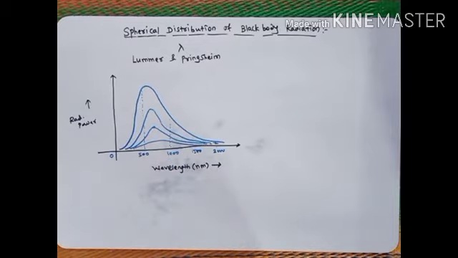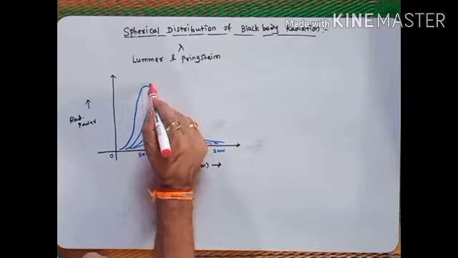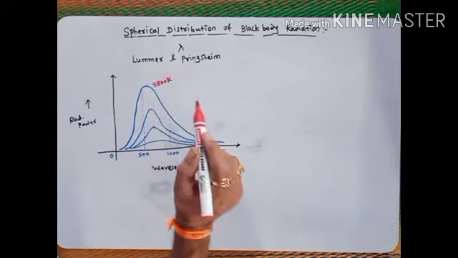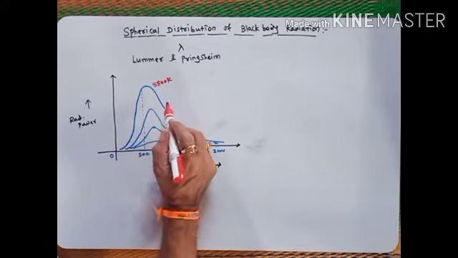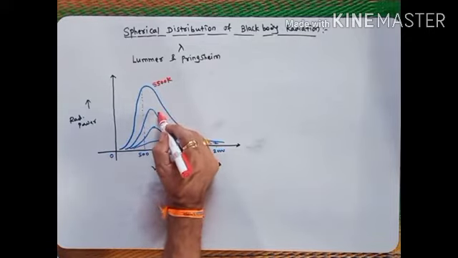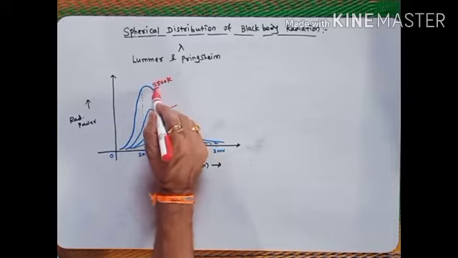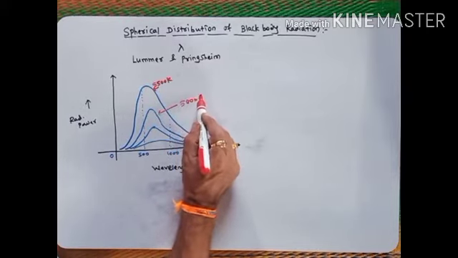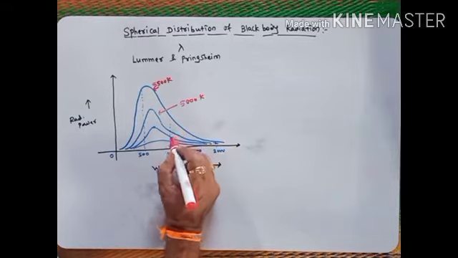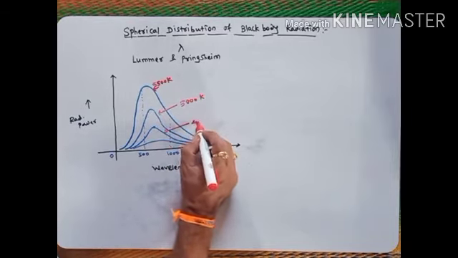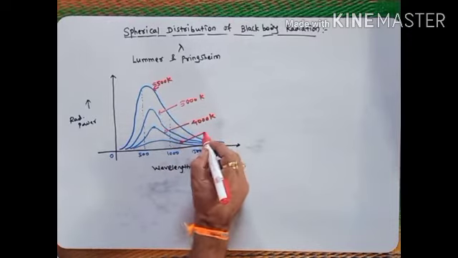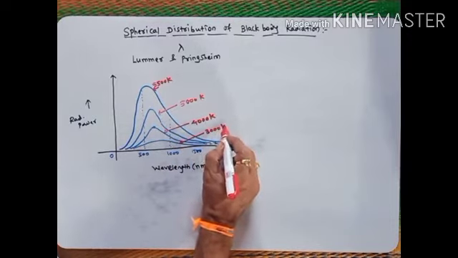And we take temperatures. See here, these are the temperatures for this graph. We consider 5000 Kelvin. This is 4000 Kelvin. This is 3000 Kelvin.